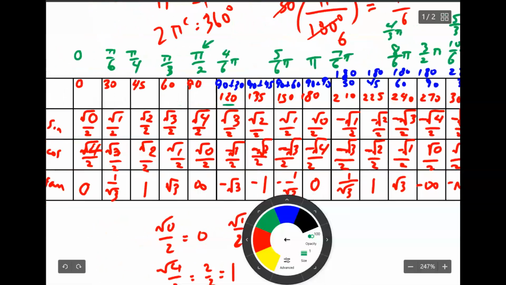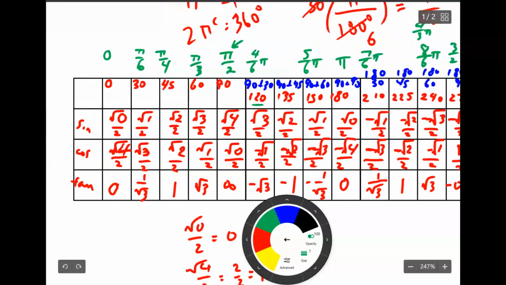7/6 pi can't be reduced, 5/6 pi can't be reduced, 4/6 pi is actually 2/3 pi. And I think that's pretty much it for the reducing. And then we could take a look finally at the pi over 4 increments.